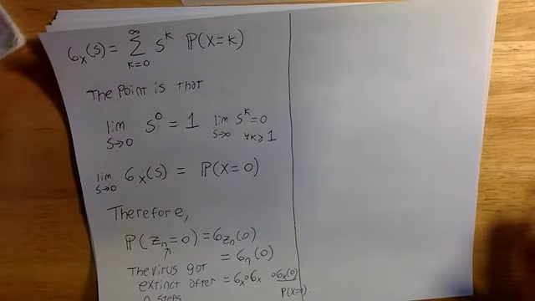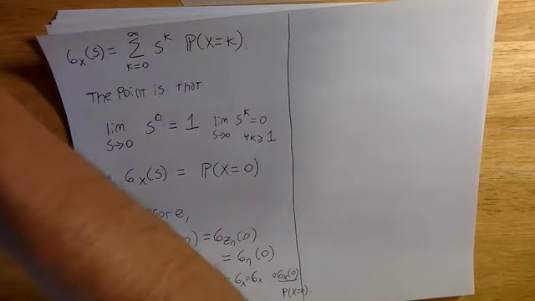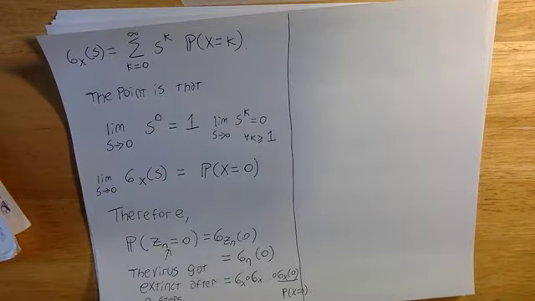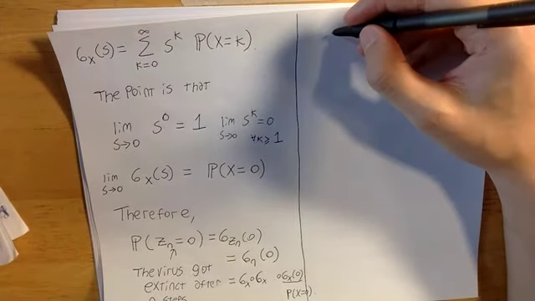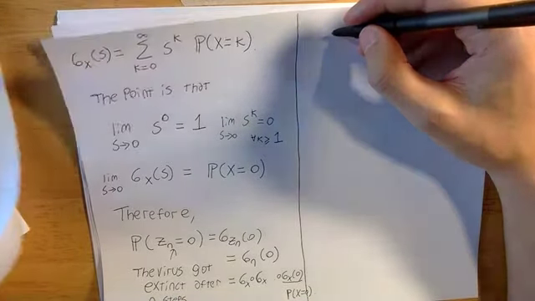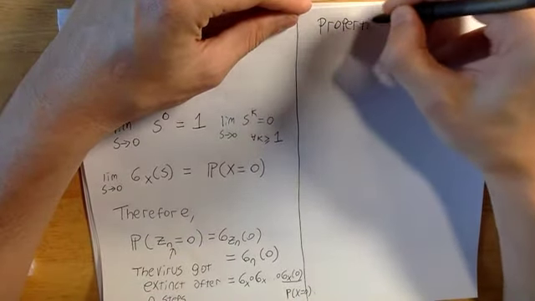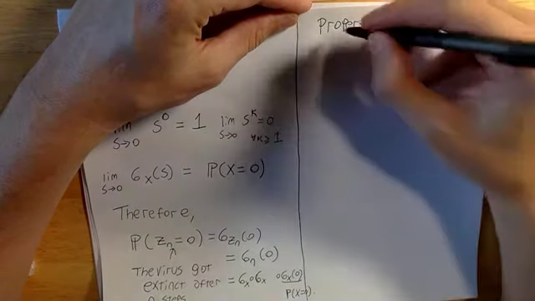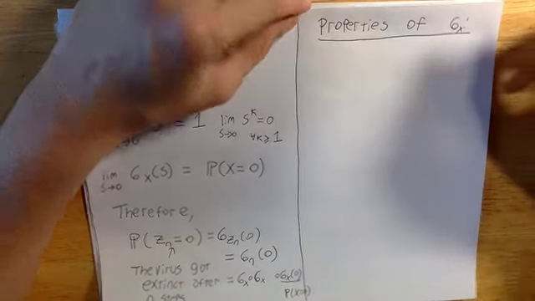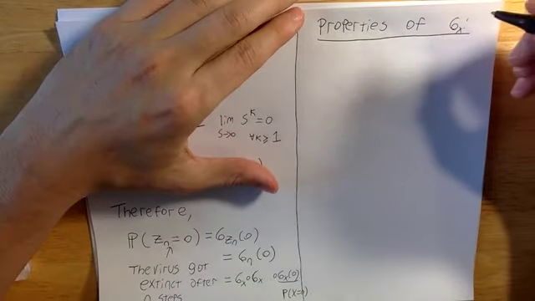Okay, so let's look at the properties of G. So we're going to look at the properties of G of x in general, and let's look at the following things.